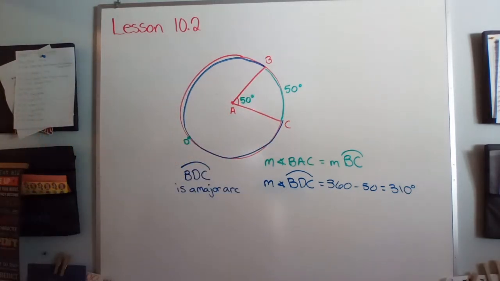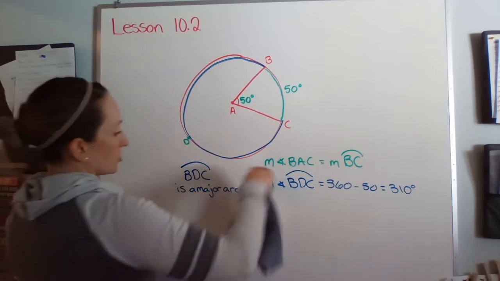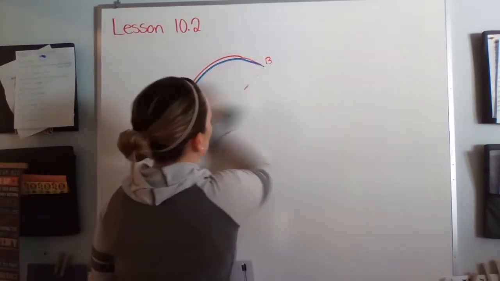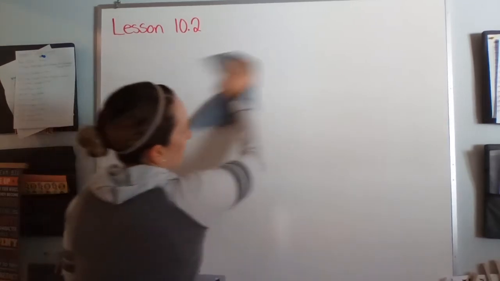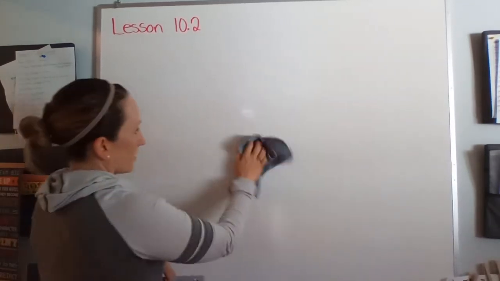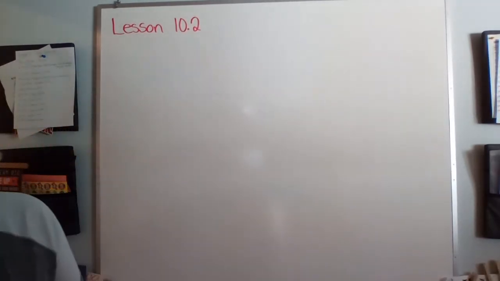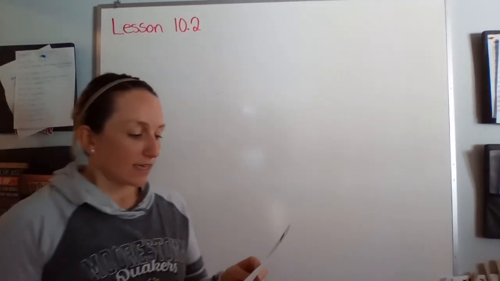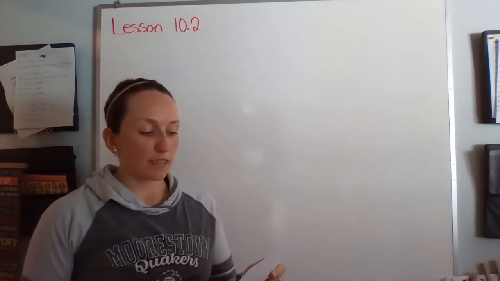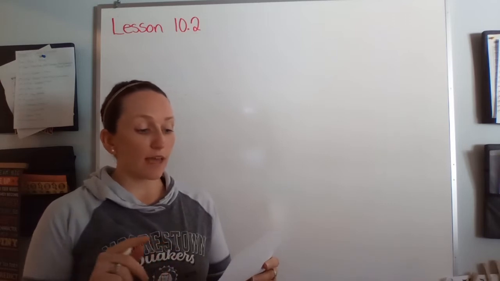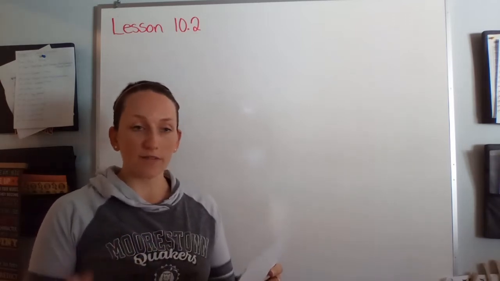All right, next we're going to talk about a semicircle, but let me erase what I have so I can kind of start from scratch. So a semicircle, it says an arc with endpoints that are the endpoints of a diameter.